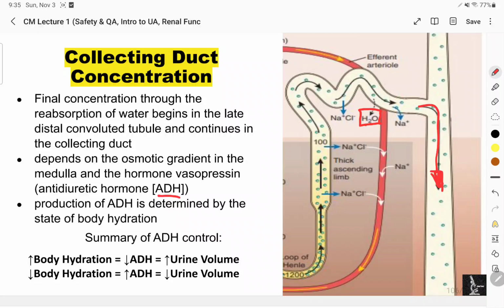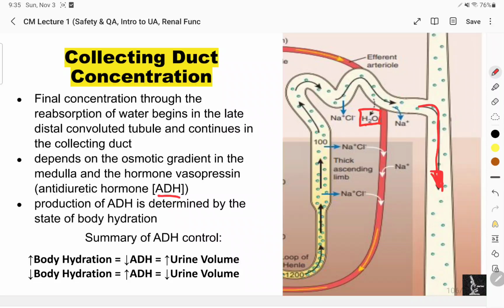So if for example ang imong medulla, wala niya na maintain ang imong osmotic gradient sa medulla. For example, diluted kayo, diluted ra gyud siya.